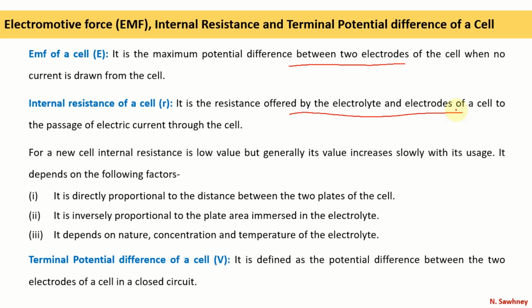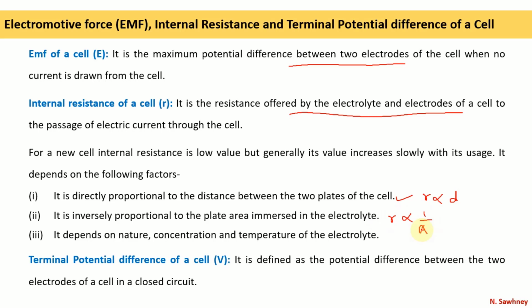It is directly proportional to the distance between the plates. It is inversely proportional to the plate area immersed in the electrolyte. Also, it depends upon the nature and concentration, and also on the temperature of the electrolyte.